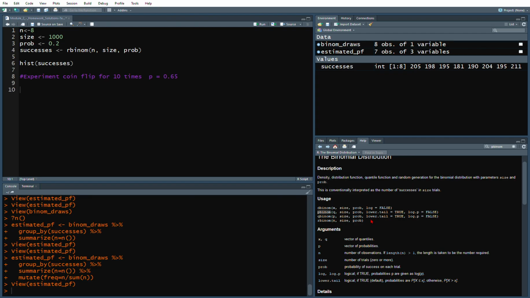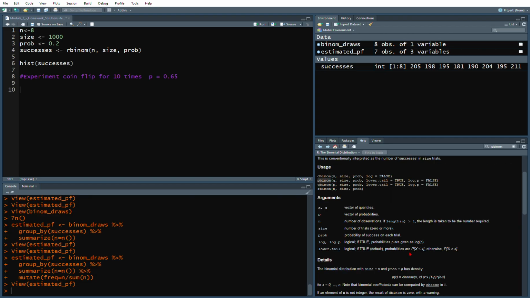The lower tail means the probability that X is smaller than or equal to x, and the upper tail means the probability that X is greater than x. Small x is a quantile, and big X is the sum of probabilities, or the CDF, the cumulative distribution function.